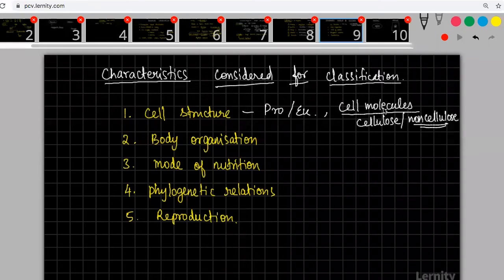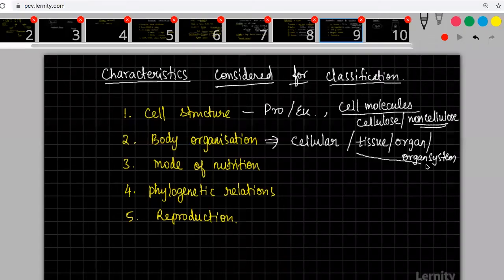Then you also have the body organization. What kind of body organization is there? Whether it is cellular level, or tissue level, or whether it is organ level or organ system level.